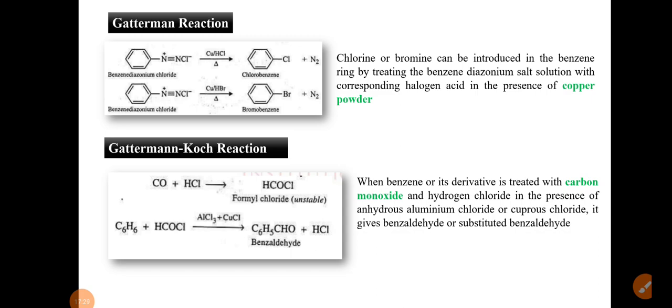So it forms formyl chloride, and the formyl chloride reacts with your benzene in the presence of aluminum chloride or copper chloride, then you will get benzaldehyde, right? Simply, benzene reacts with carbon monoxide and hydrochloric acid in the presence of AlCl3, and you get your respective aldehyde. That is nothing but your Gattermann-Koch reaction.